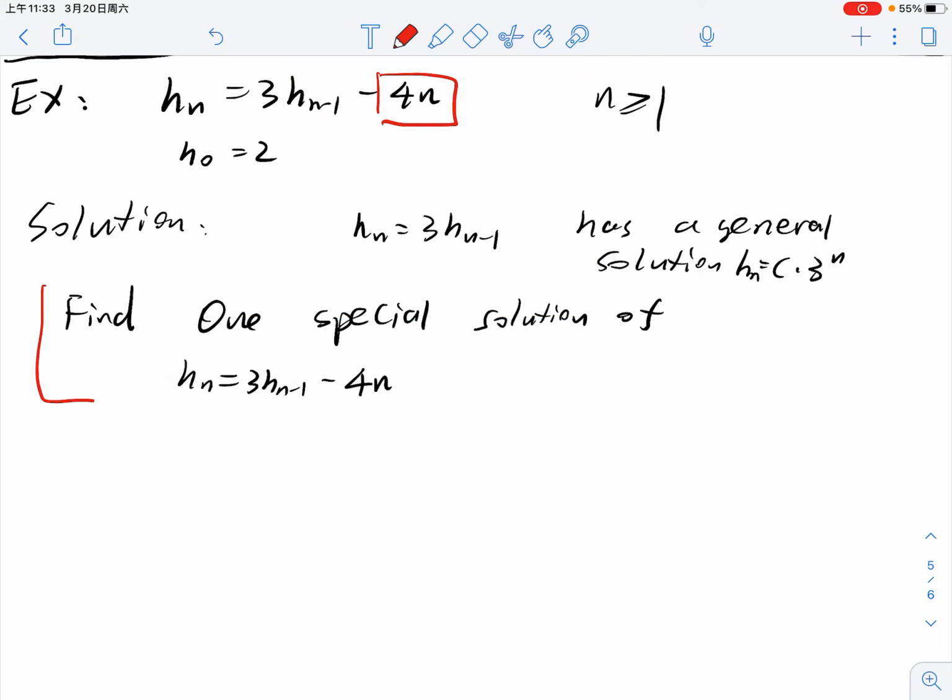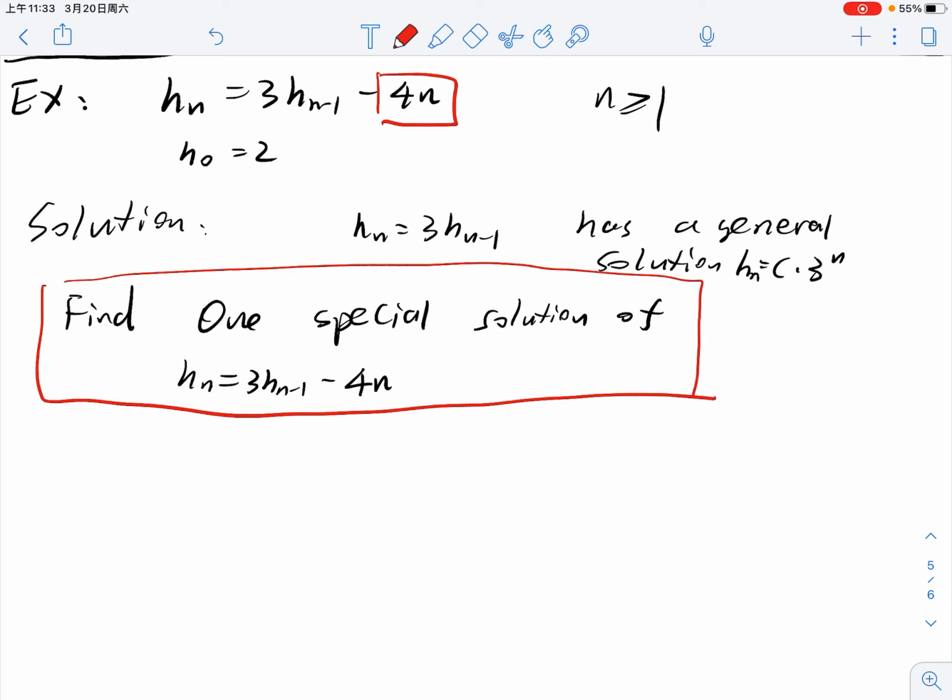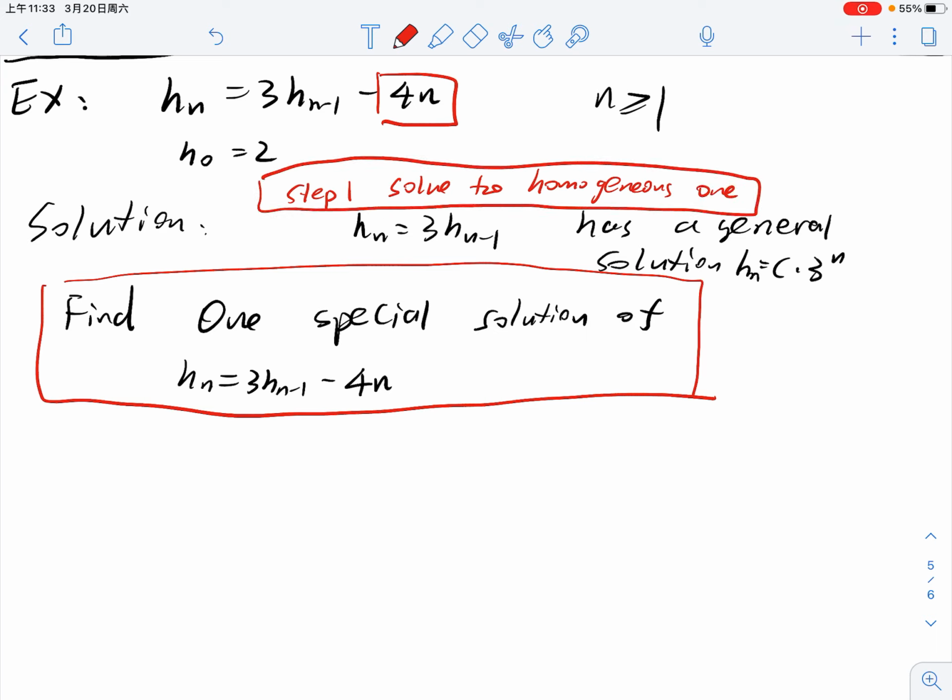So no matter what the relation is, you first solve the homogeneous one. Step 1, solve the homogeneous one. And you might need to use several special solutions to cook up the general solution.